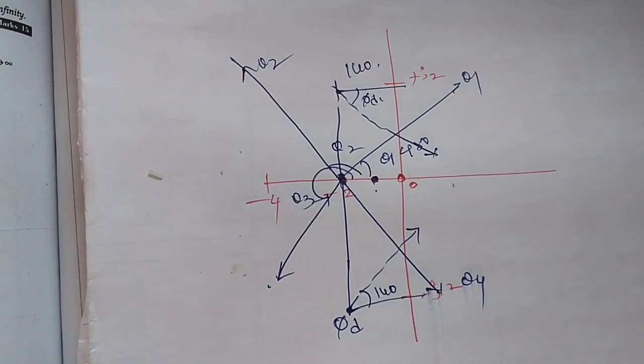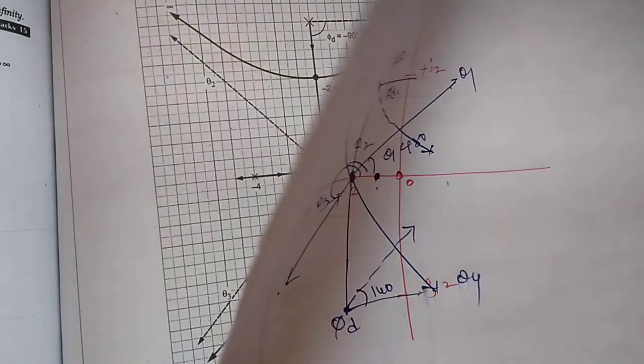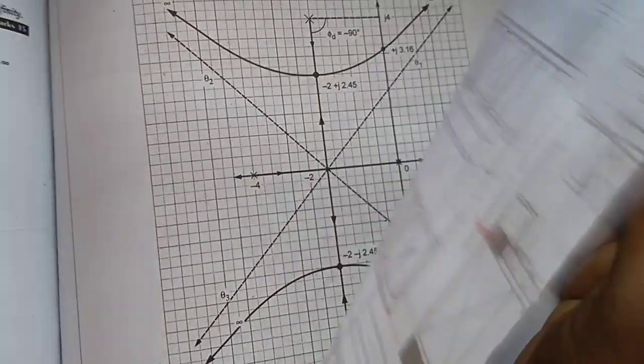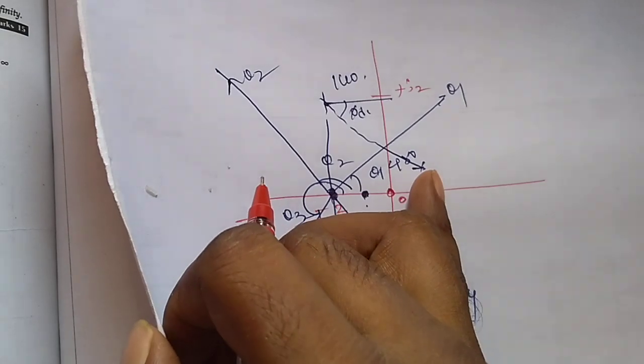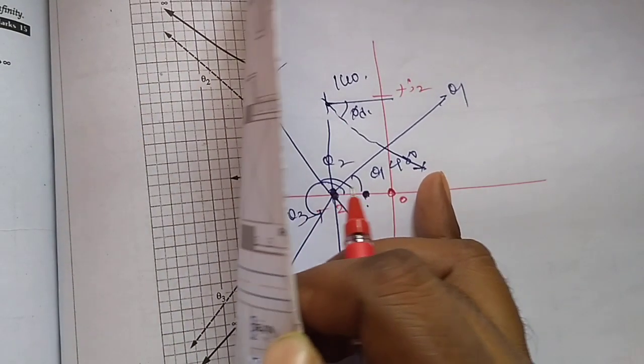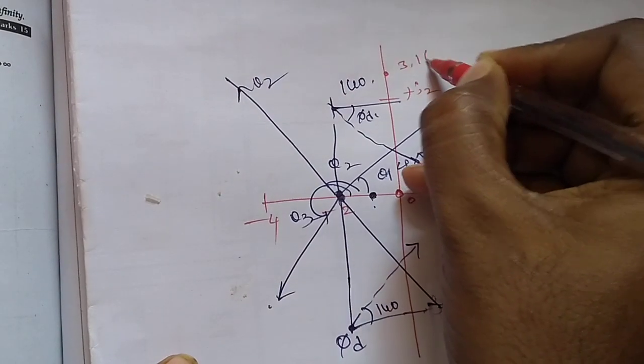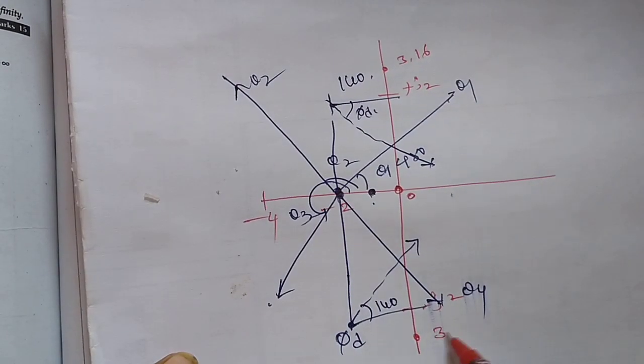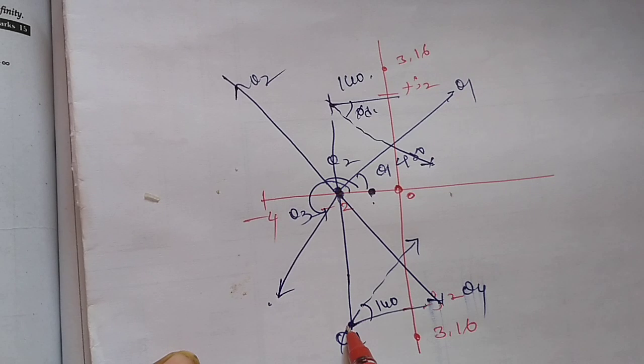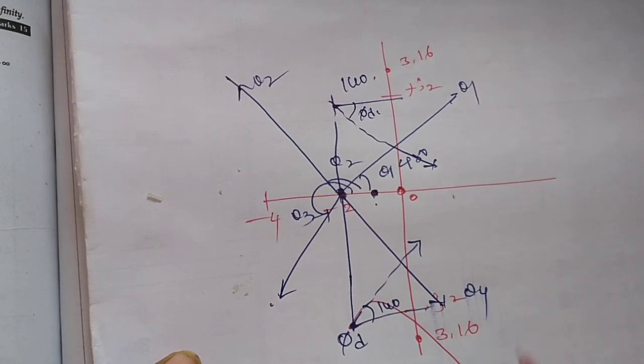Then the root locus will start from this point and mark the point of intersection. Point of intersection we will get is plus or minus j 3.16. This is 3.16. Here 3.16. So when you draw the graph, we will get like this.